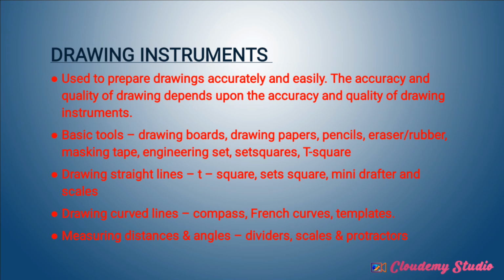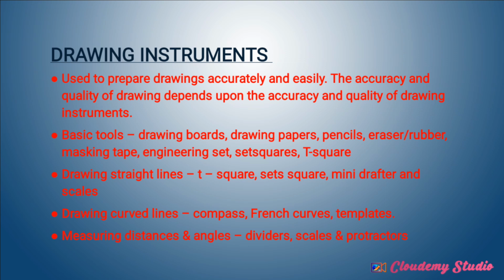When drawing curved lines, you require the compass and the French curve. In our recent session you saw how we used the French curve to draw the ellipse. We had three methods of drawing an ellipse. One was the four-center method, then we had the ellipse method, and the final was the rectangular method, but we only performed two.